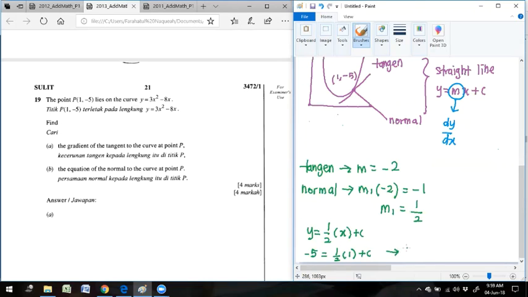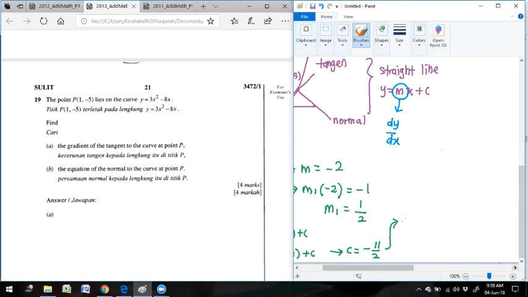So we get c is equal to -5 minus 1/2, which is -11/2. So the equation is y is equal to 1/2 x minus 11/2. To make the equation neater, the 2 can go up to y, so it becomes 2y is equal to x minus 11.